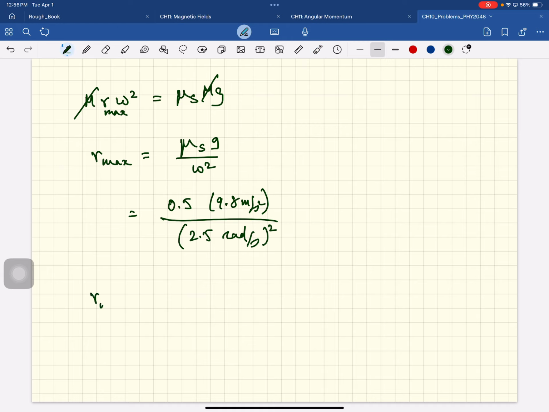So R max is 0.78 meters. That's the furthest you can stand. Anywhere closer than that, you won't slip.